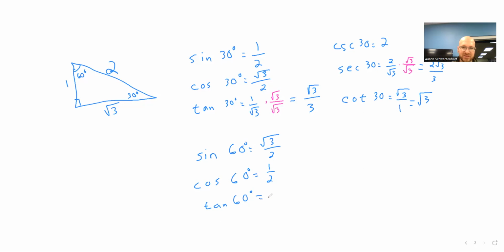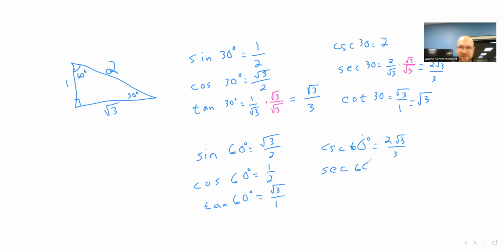I am doing these in degrees, not radians right now. We can also do them in radians. Square root of 3 over 1. Cosecant. Reciprocal of 2 over square root of 3. I already did that one rationalized, so I'm going to just call it 2 square root of 3 over 3.